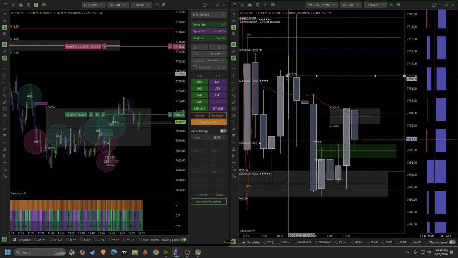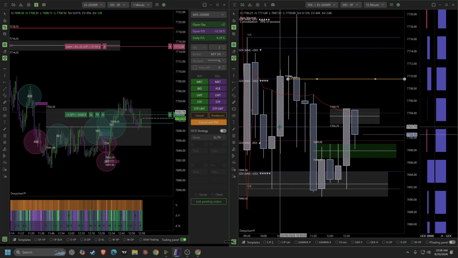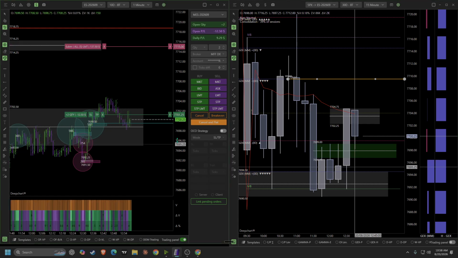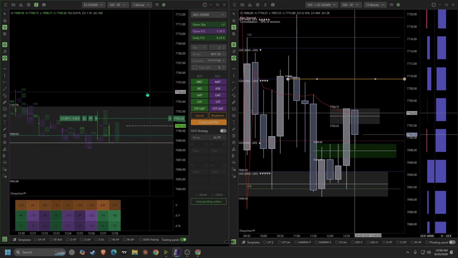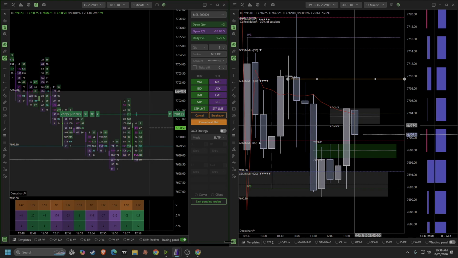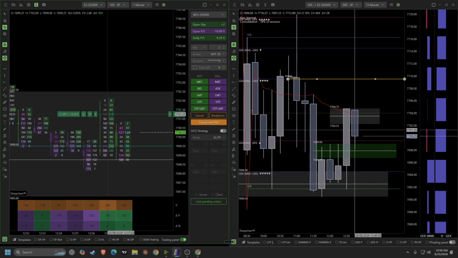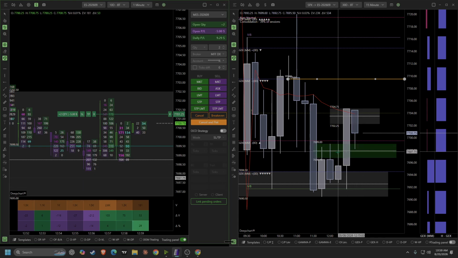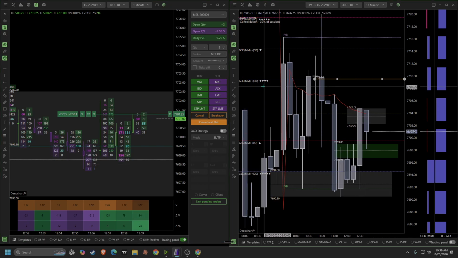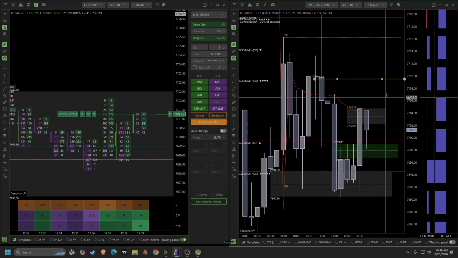Maybe 77.08. So what I saw here with the order flow is that we rejected from this area that was resistance and now is support, and I think we're going to move up higher to the next important level.